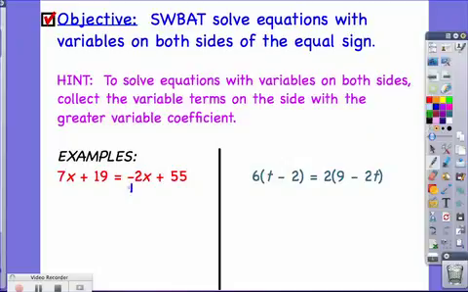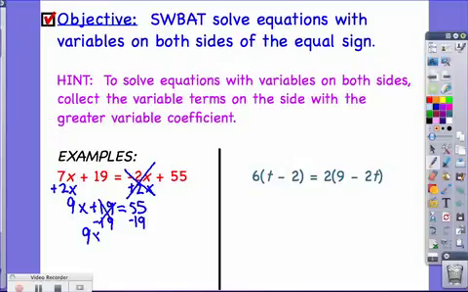Now I'm left with 9x plus 19 equals 55. Using inverse operations, I subtract 19 from both sides. So 9x equals 36. Divide by 9, and we're left with x equals 4.